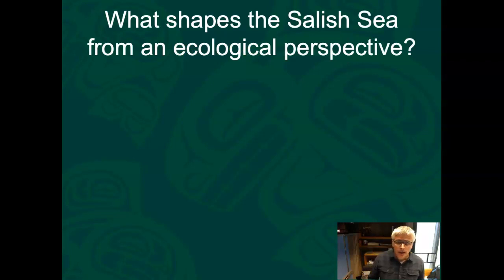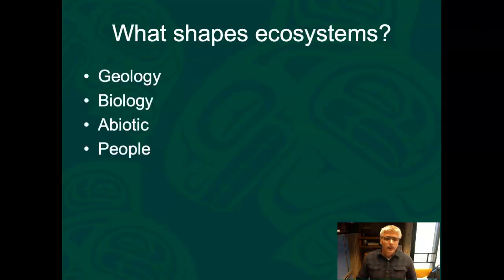So what's shaping the Salish Sea from an ecological perspective, just thinking from the lens of the organisms and the environment and their interaction, what pieces of the puzzle are important to know? And I think you could really break any ecosystem down into 4 distinct components.